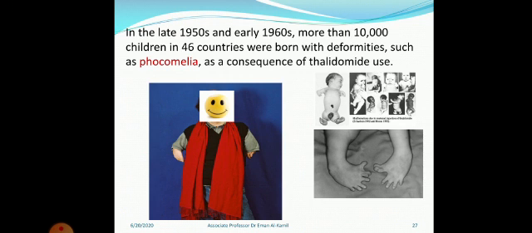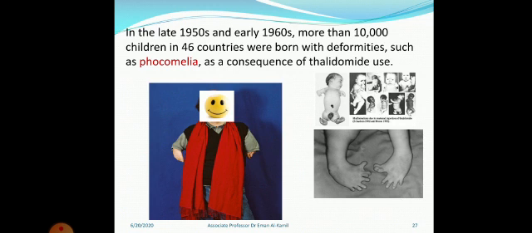So it was found that many pregnant women delivered babies who had an abnormality, limb deformities such as phocomelia, as a consequence of thalidomide use.